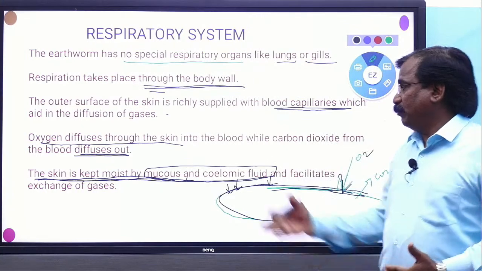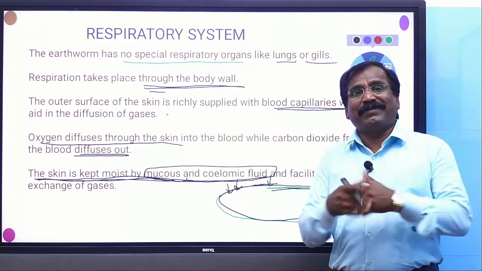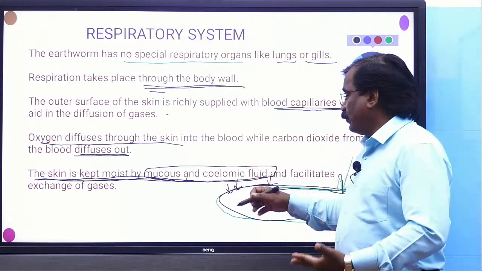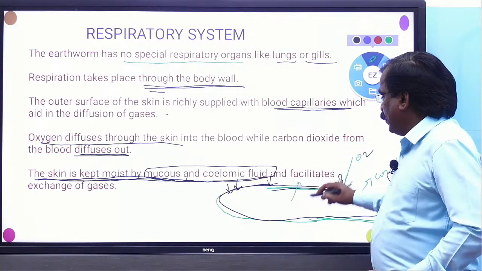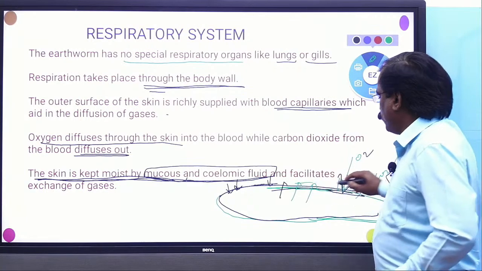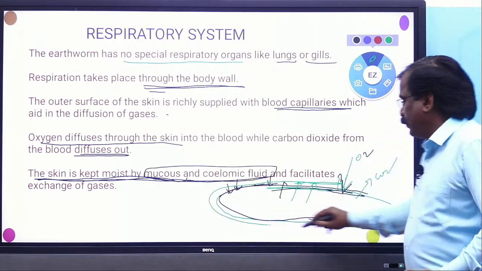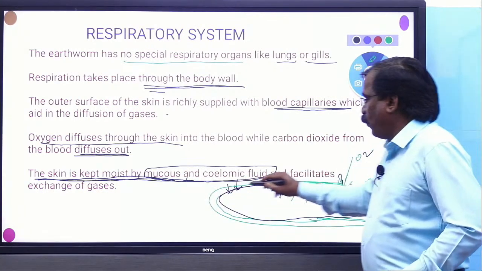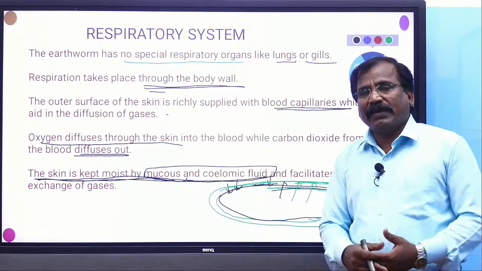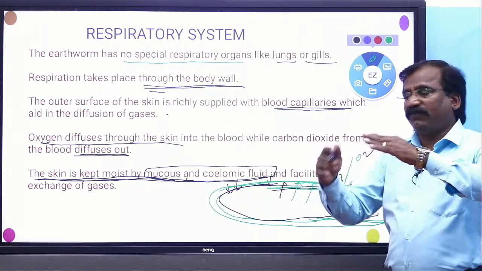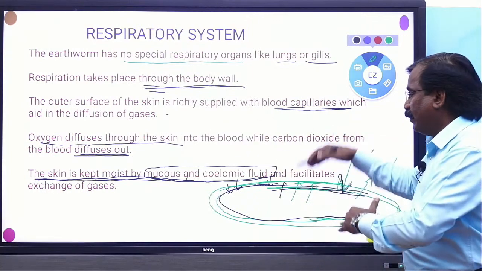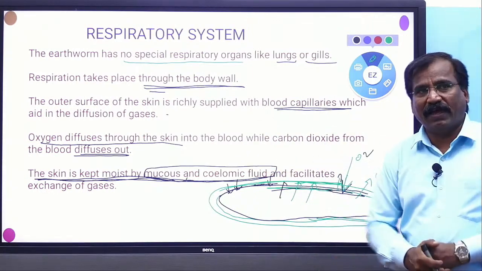So the skin contains glandular cells that produce mucus, and the coelomic fluid also gushes out through the pores. Because of this, the outer body wall is always moist. In the moist surface, oxygen dissolves, diffuses, and goes inside.